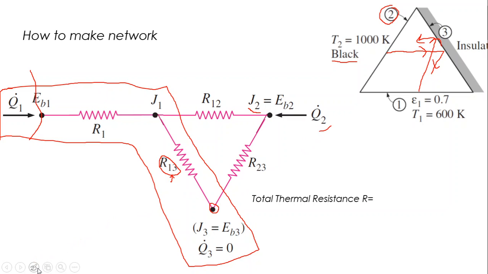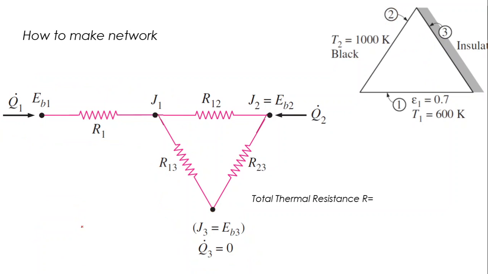How are we going to find out the space resistance between 3 and 2? For 2 we don't have any surface resistance because it is a black body, and for 3 we will not have any surface resistance because it is insulated. So between 2 and 3 we will have only space resistance, that is equal to R23, and the value of R23 is 1 divided by A2, surface area of 2, into view factor from 2 to 3.